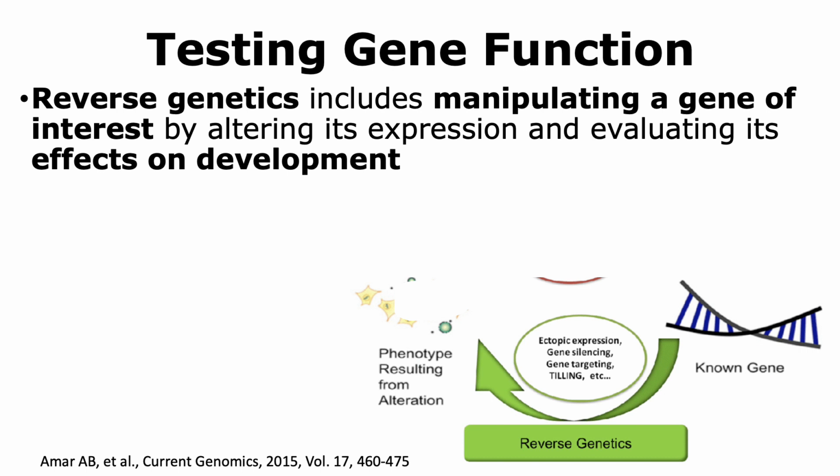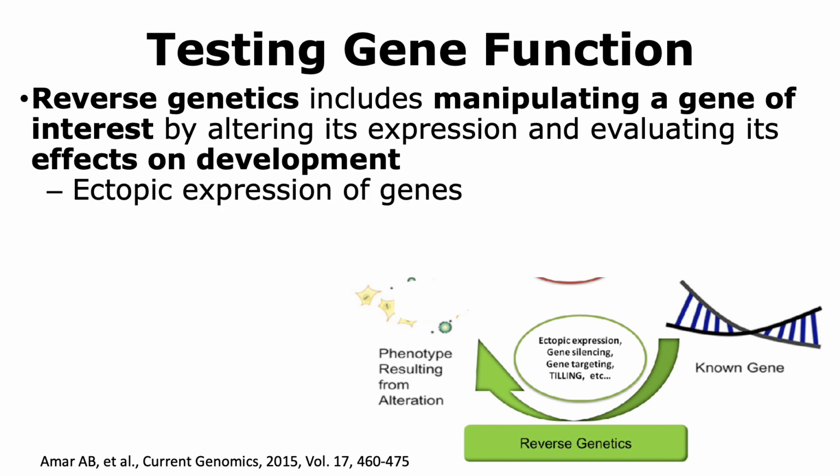The way the expression of the gene can be altered is by ectopically expressing the genes in different parts of the embryo. This can involve expressing the genes in different places of the embryo and monitoring what happens in those regions. Another way gene expression can be altered is by reducing the expression of the gene.